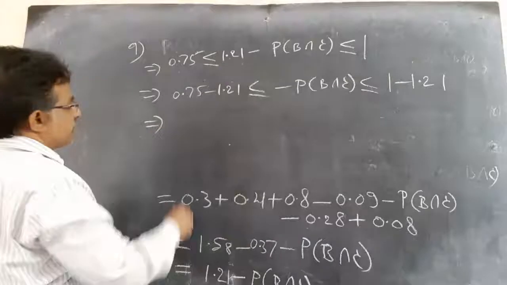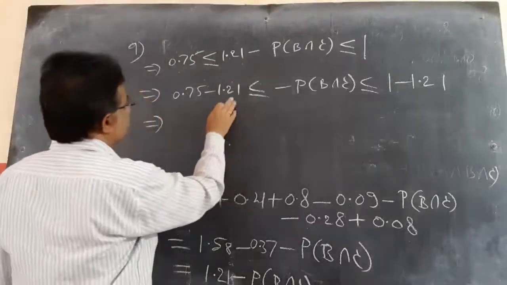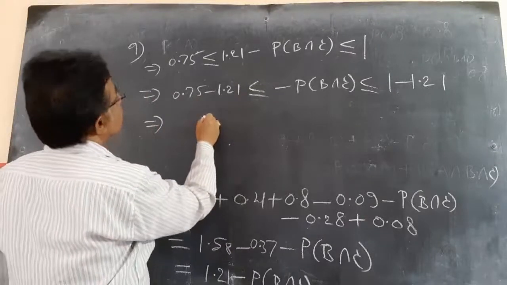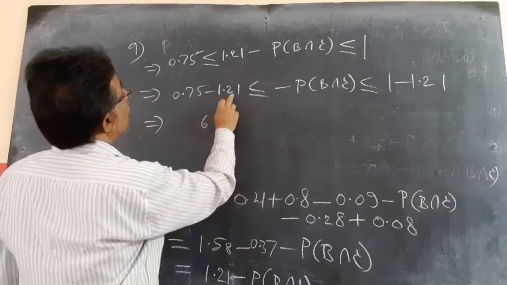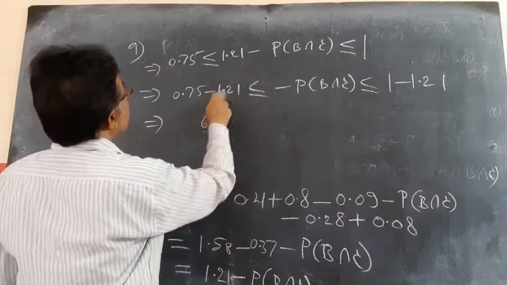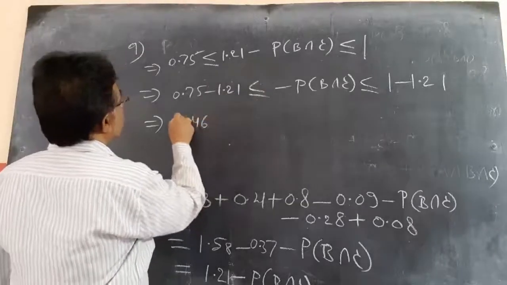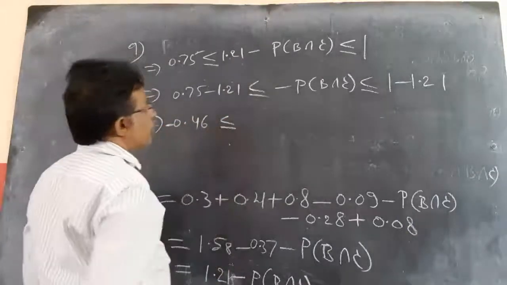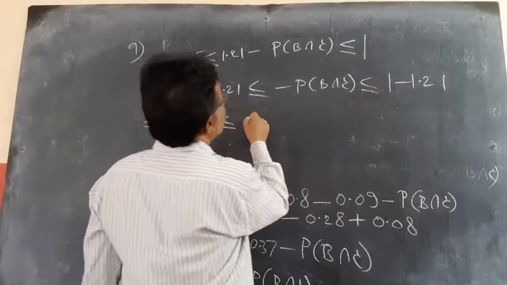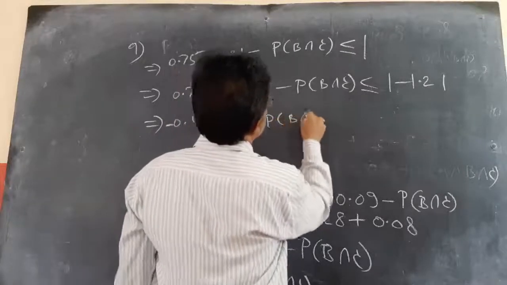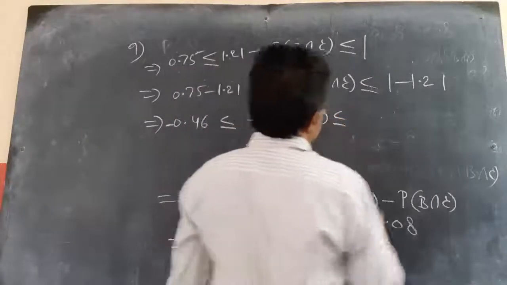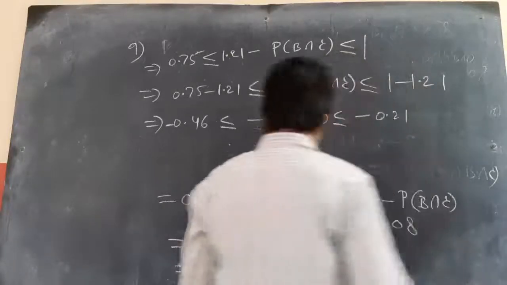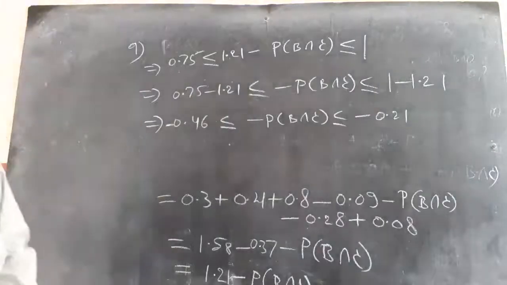1.21 minus 0.75, I am getting a negative value, let it be first. 1.21 minus 0.75 means 11 minus 5, 6. This is again 11 minus 7, 4. So minus 0.46 less than or equal to minus P of B intersection C less than or equal to 1 minus 1.21, means minus 0.21.